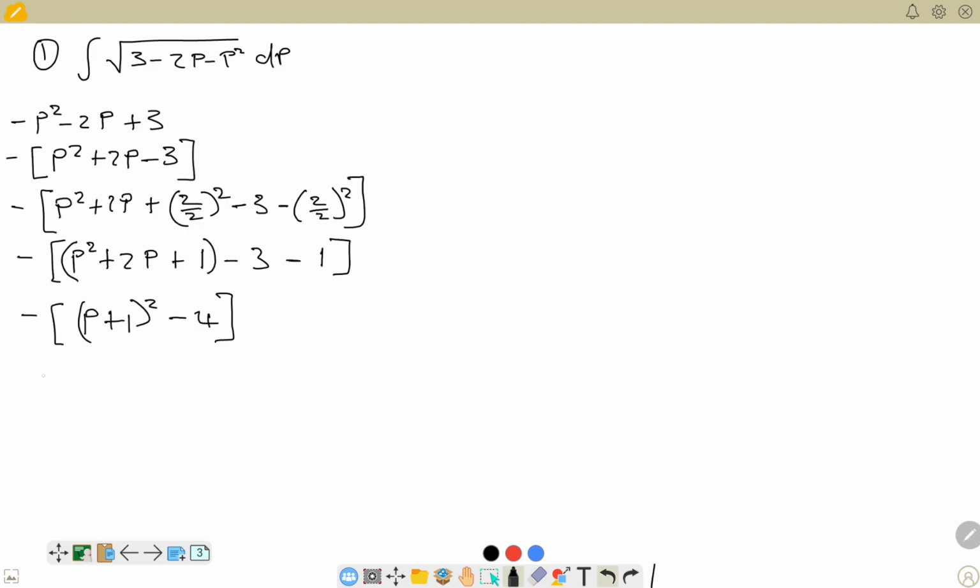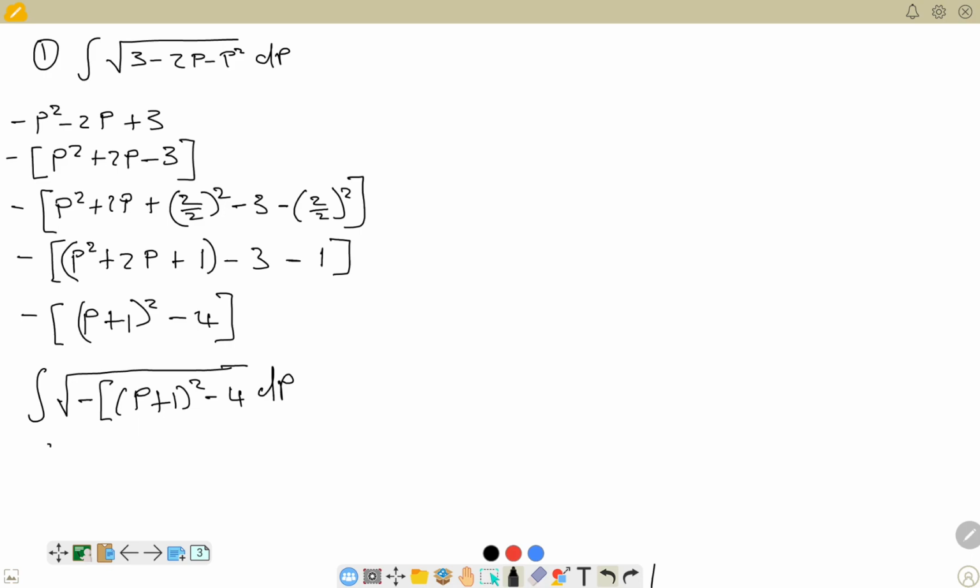Now what we need to do is to put it back inside our integral. We must not forget that negative also. So we have the negative of p plus 1 squared minus 4 dp. From here, we can look at the corresponding formula that will help us to integrate this.